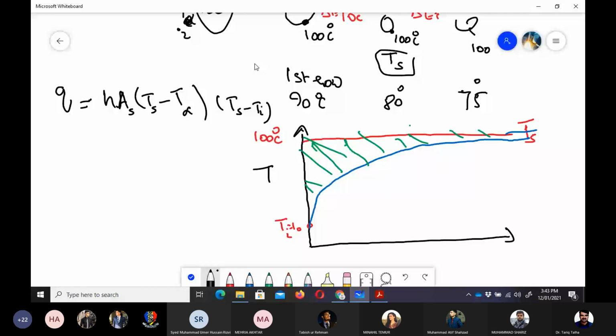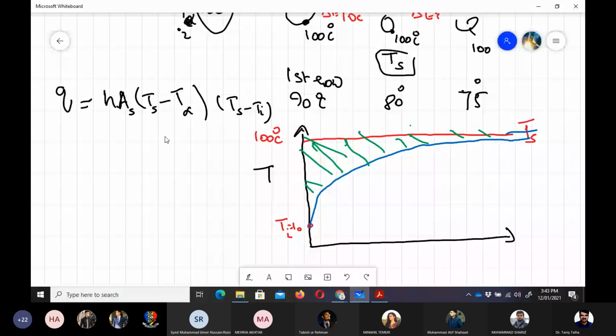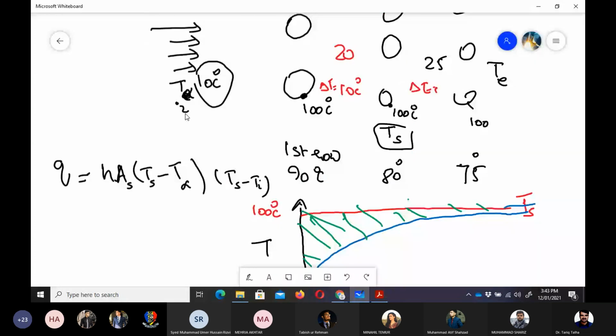Okay? Why is there no T infinity? Because the temperature is T_i here and T_e is here. Okay? Because at each row this T infinity was 10 degrees in the first row, 20 degrees here, 25 here. So this T infinity is changing along the rows.